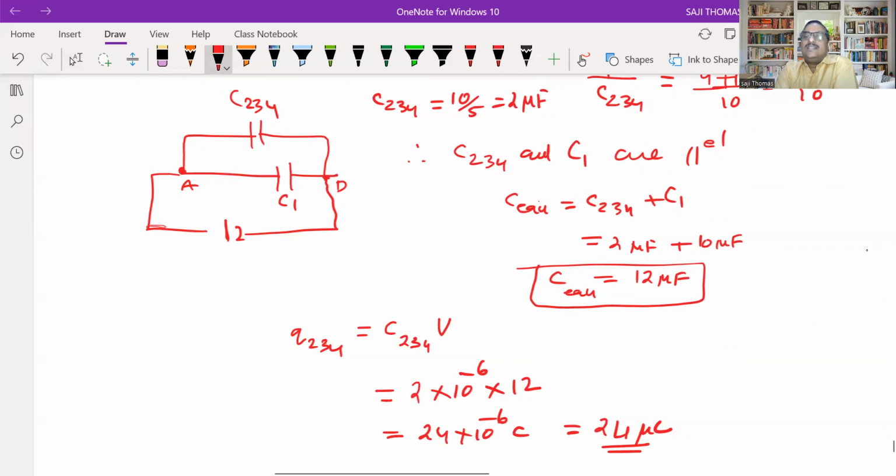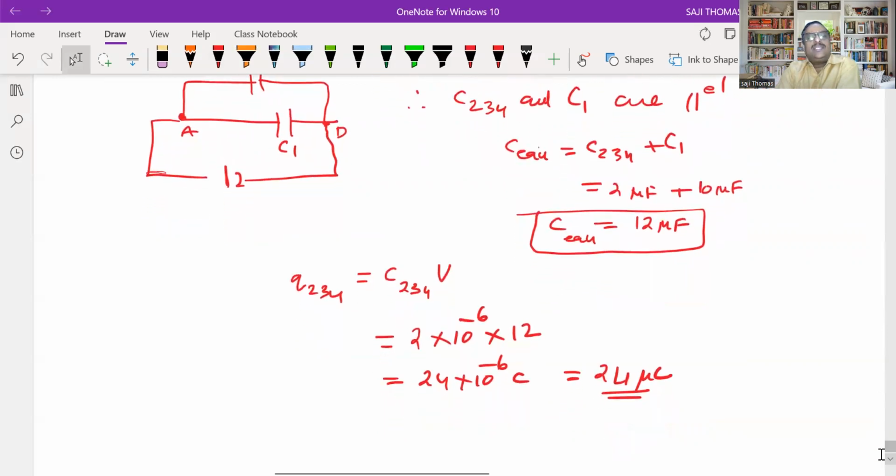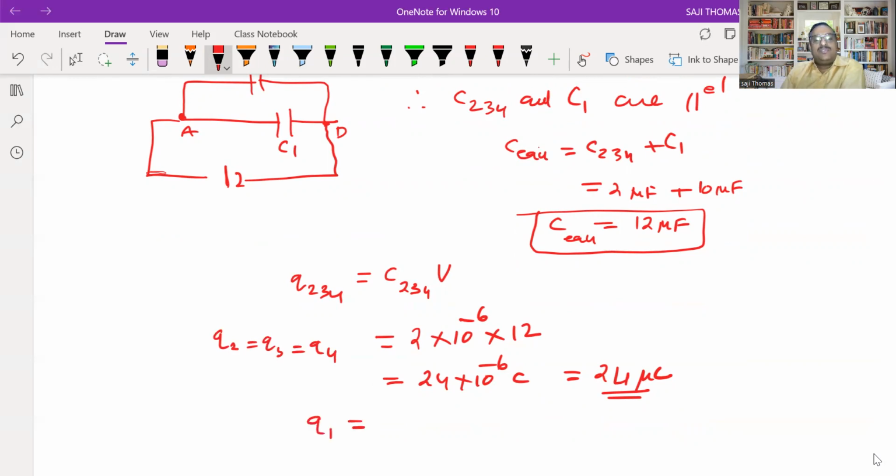Okay. Then you can find the charge on C1. The formula is Q equals C1V1. This Q234 will be the same across each of them, so we can write Q2 equals Q3 equals Q4. Now we can find the charge on C1, Q1. What is the equation?